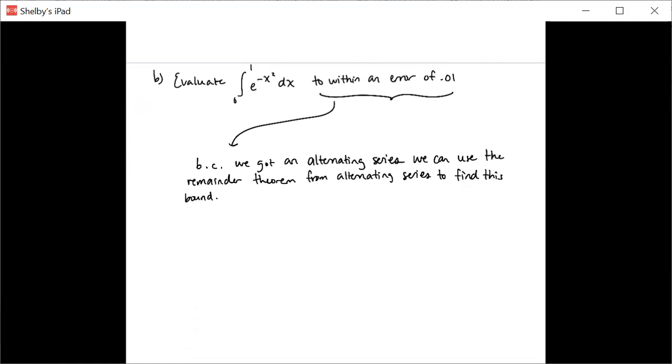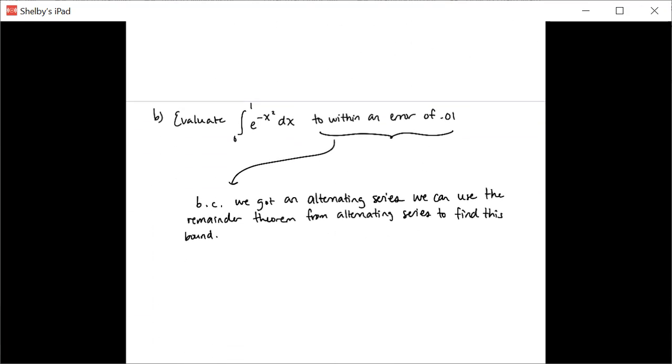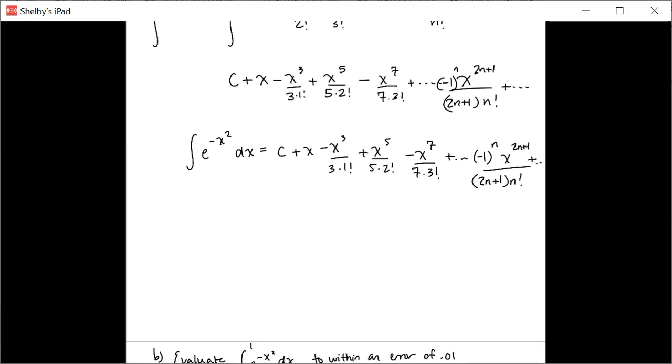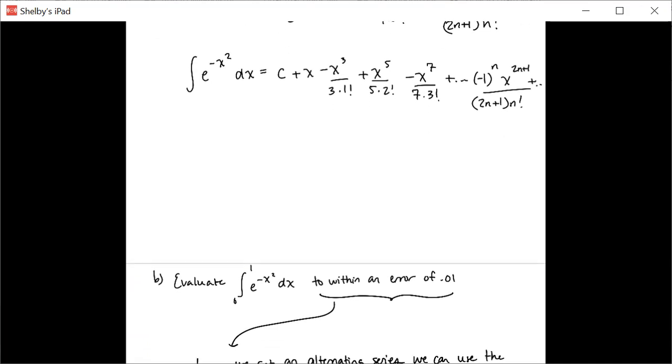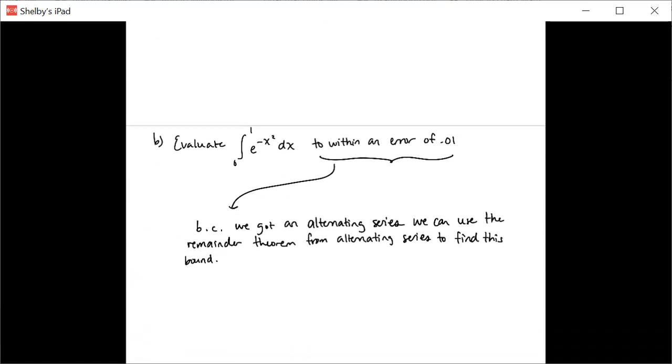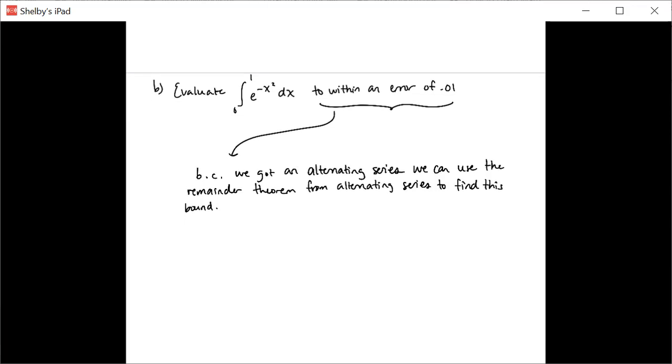So writing out what our series is, if we're computing the definite integral from 1 to 0, this is equal to this function evaluated from 1 to 0 for the x values.